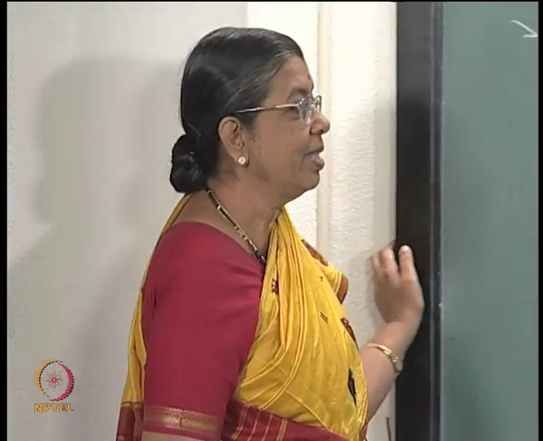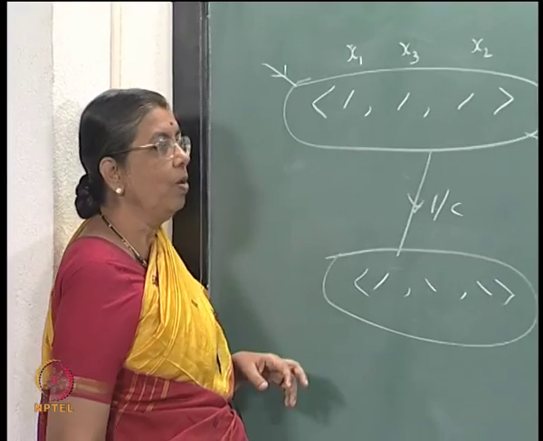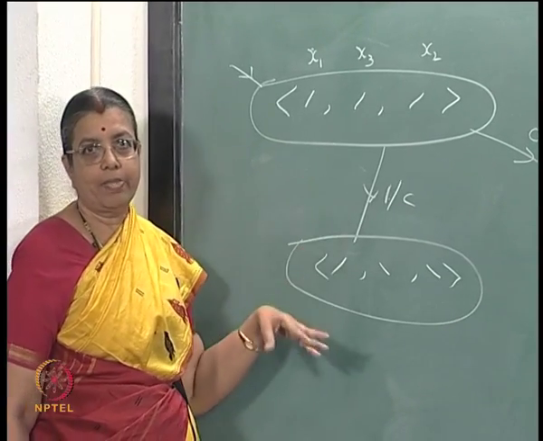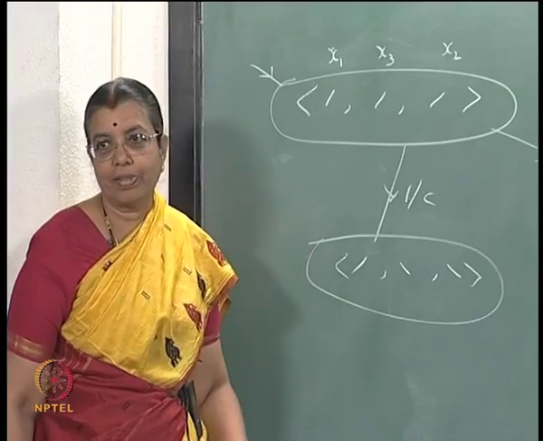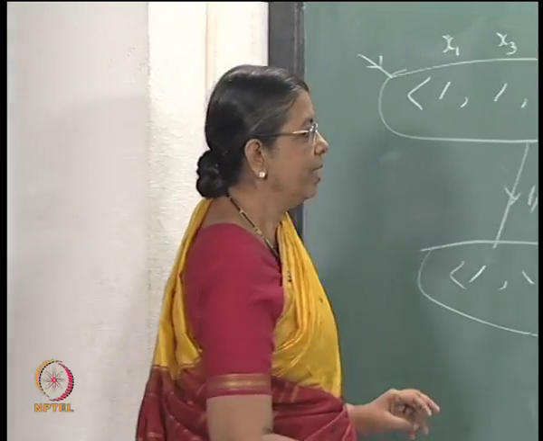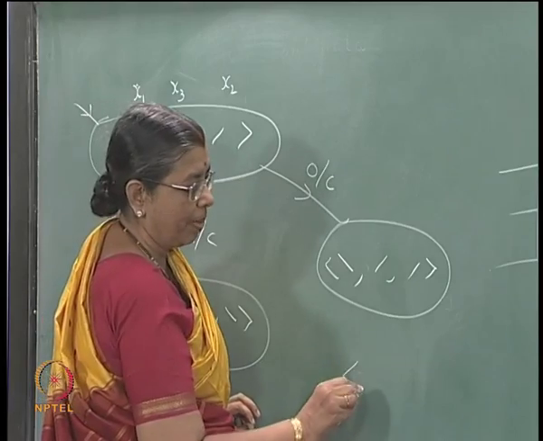Now, when I want to consider this as an input output device, this is okay. When I want to consider it as an accepting device, I have to also look into the output. So, actually the state should be taken as a 4 tuple.